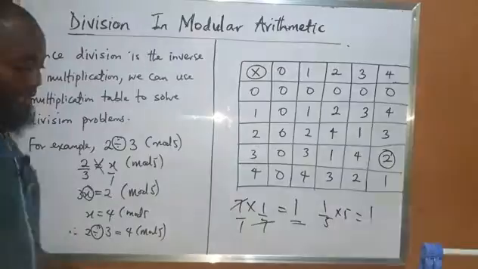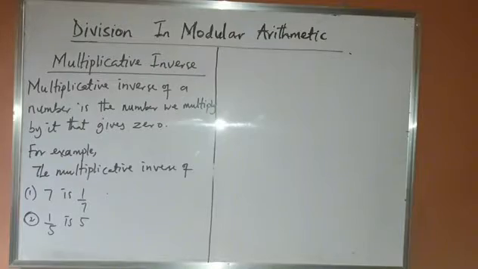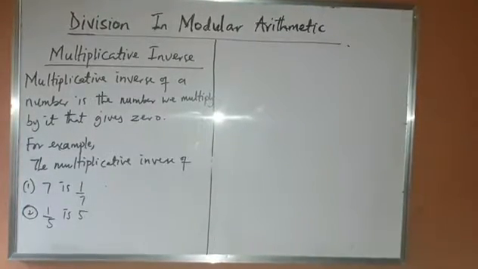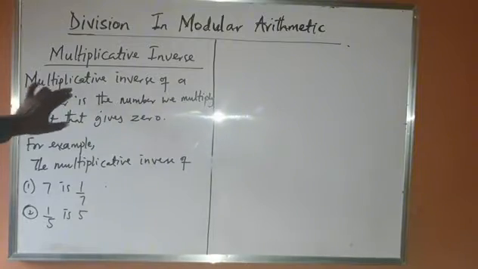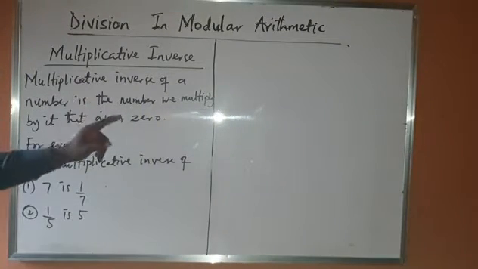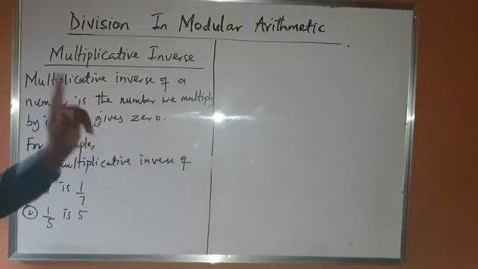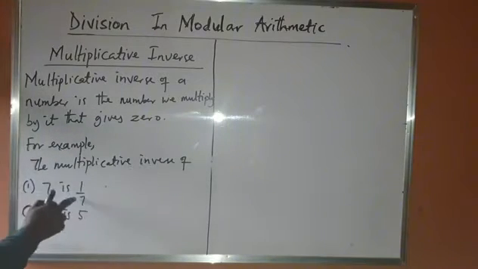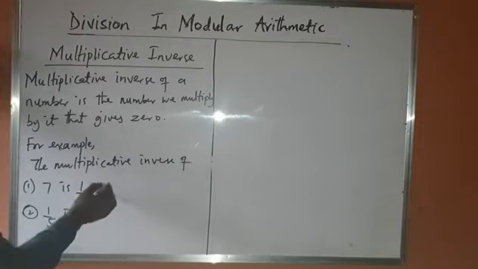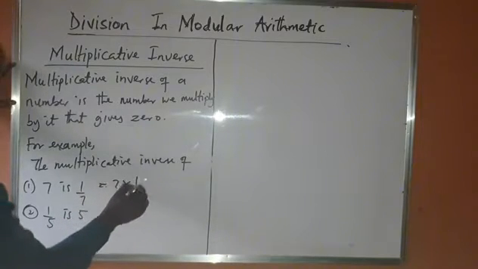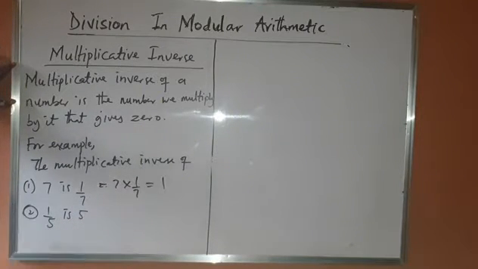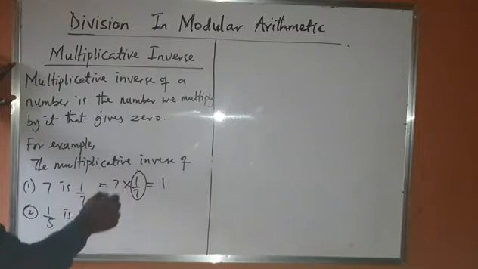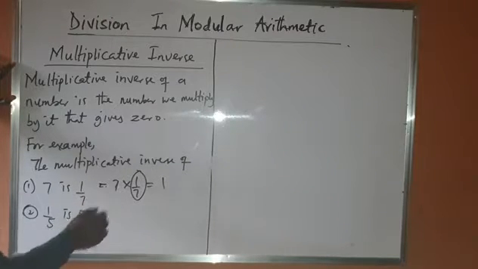Alright, so multiplicative inverse, as I've explained earlier. The multiplicative inverse of a number is the number we multiply by it that gives 1. For example, the multiplicative inverse of 7 is 1 over 7, because if you multiply 7 by 1 over 7, it gives us 1. So 1 over 7 is the multiplicative inverse of 7.